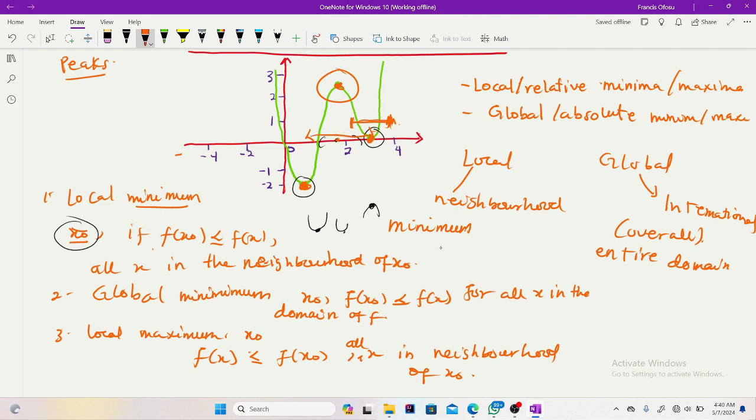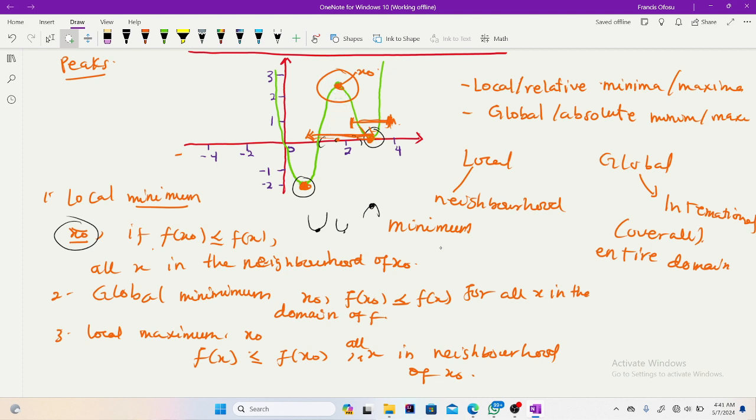So what I'm trying to say is when you have the rising peaks, you realize that what's the highest and what's the minimum peak. So this one is a local maximum. This is because among its neighborhood, when you take the functional values, so this is, let's say, our x naught. So when you take its neighborhoods, it happens to be the point that gives the maximum for the functional value, right? So meaning at this point we get our local maximum.